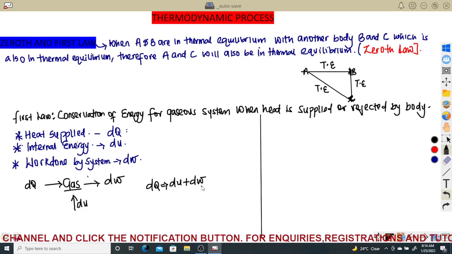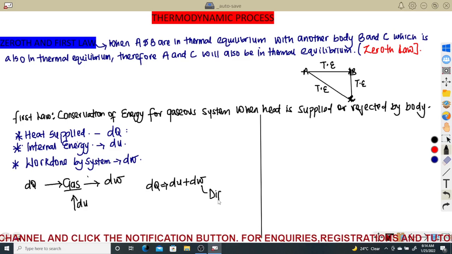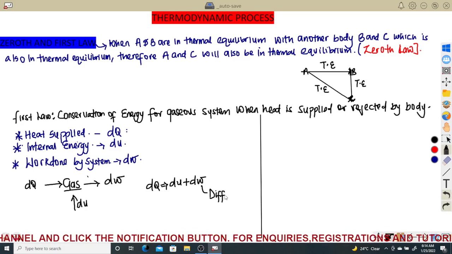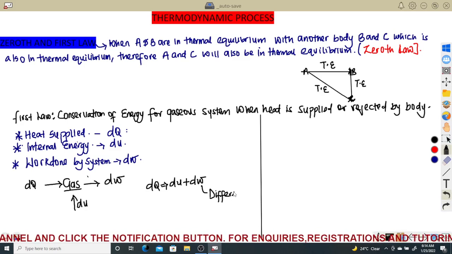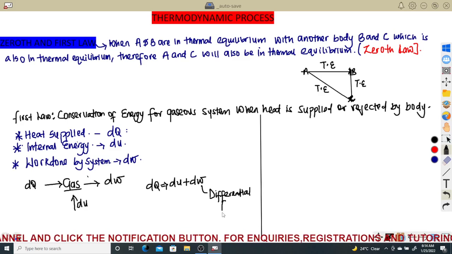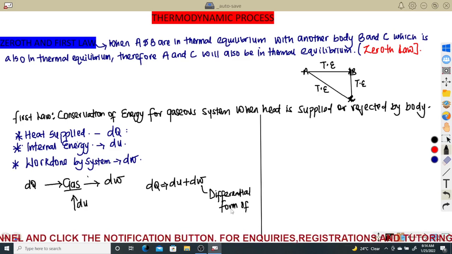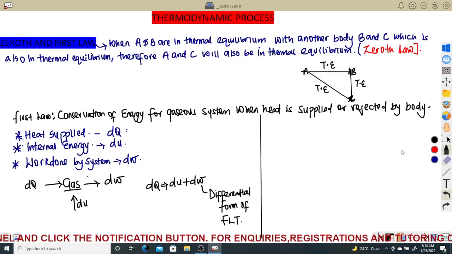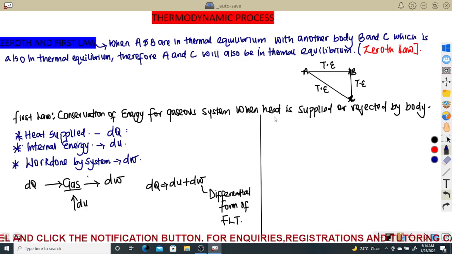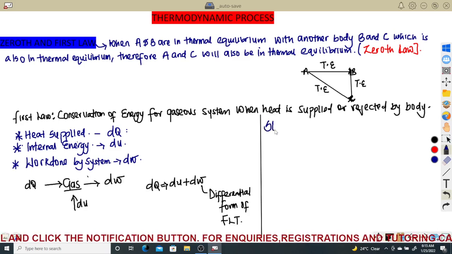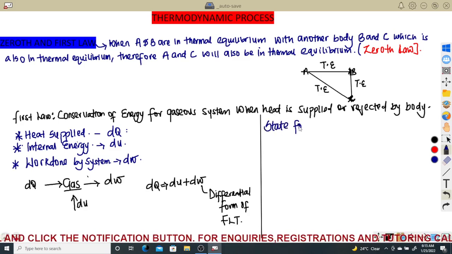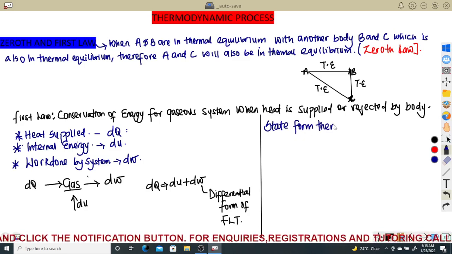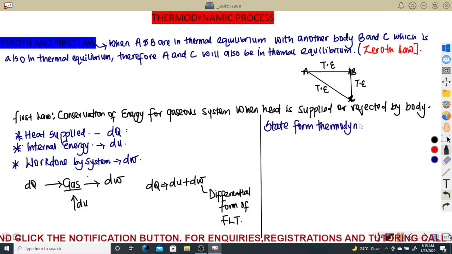This equation I've written here is now called the differential form of the first law of thermodynamics. Basically, in junior classes, we write the state form of thermodynamics. So writing it in the state form, equations from the understanding of what we've talked about.